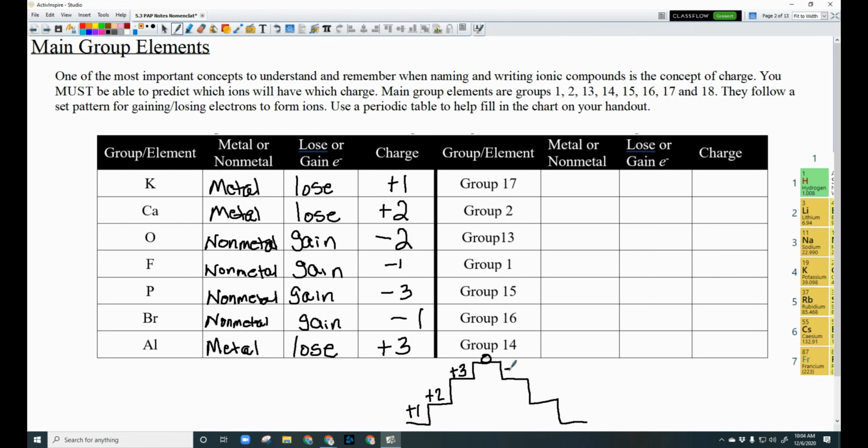The next group, 15, -3, 16, -2, 17 is -1. And then finally 18, those are the noble gases, so they don't even get involved in bonding anyway. So you have this pattern, +1, +2, +3, 0, -3, -2, -1.